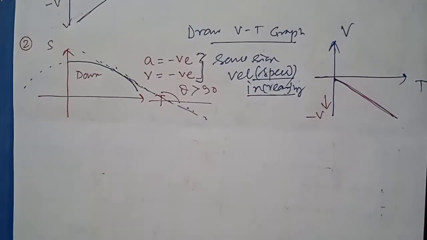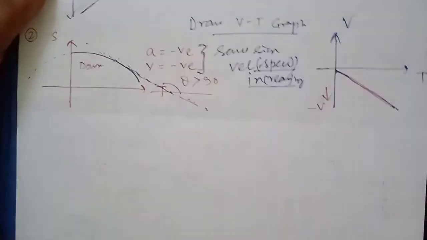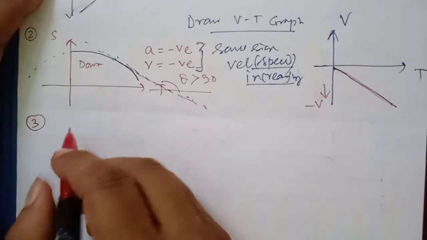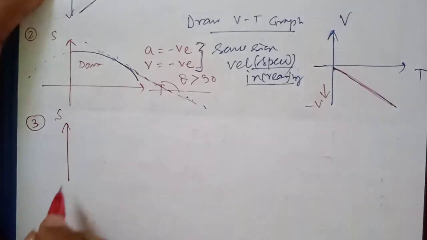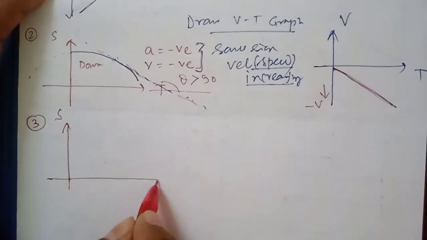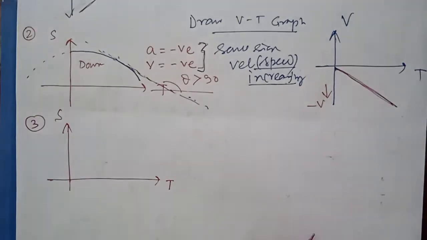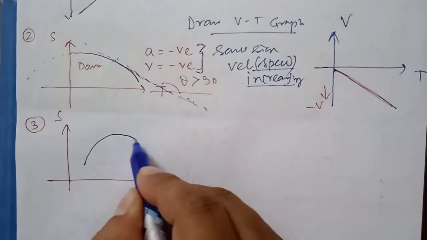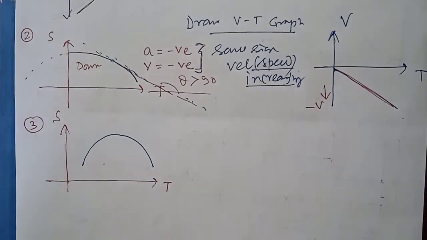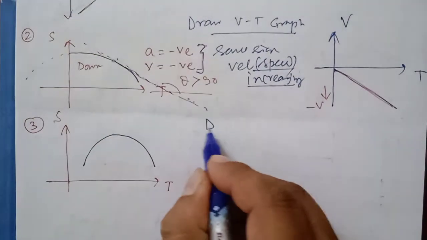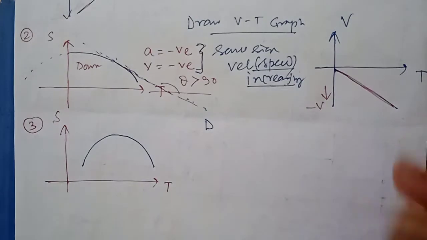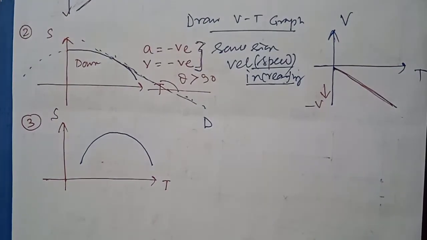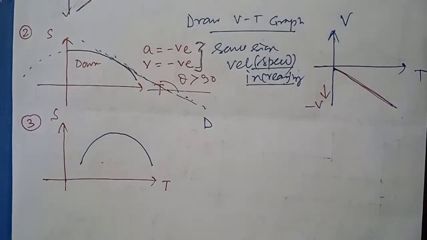Another very important numerical. Suppose there is an ST graph, and the nature of the graph is like this. Draw the VT graph. There will be 4 options, and you have to choose the correct VT graph.